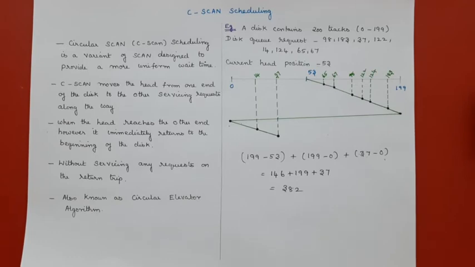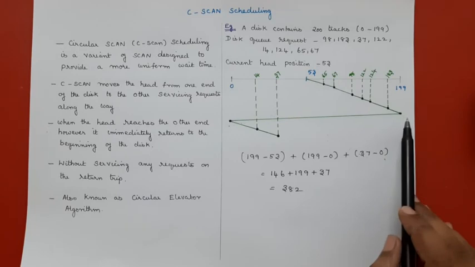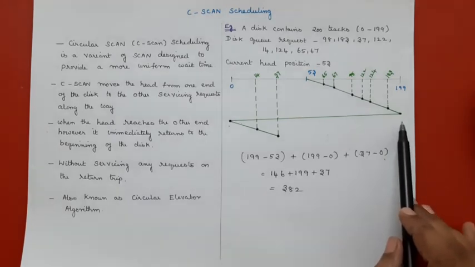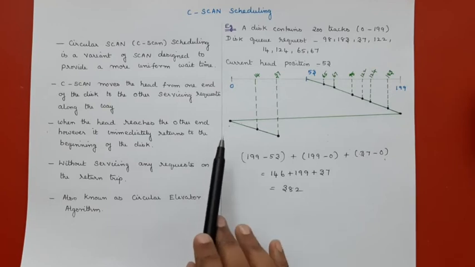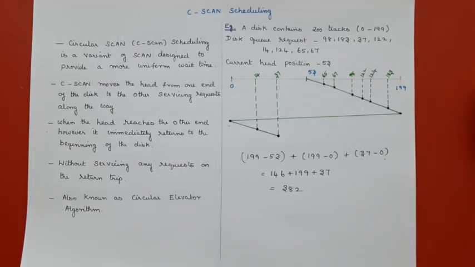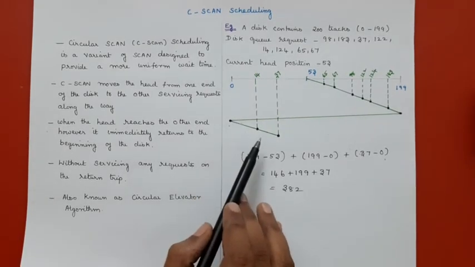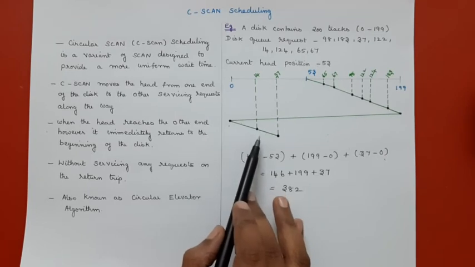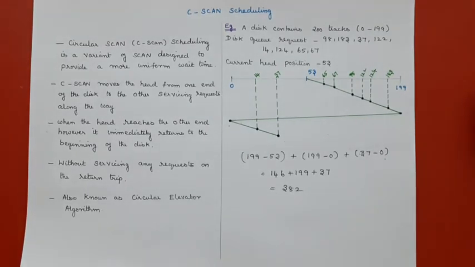Once it reaches the end, it is immediately going to go to the beginning of my disk, that is 0. Once it reaches 0, whichever request is available from there, it is going to service them. From 0, my request 14 will be serviced, and my request 37 will be serviced. So this is the diagram of that particular question.